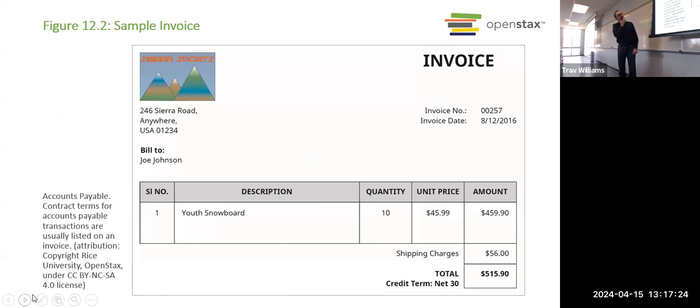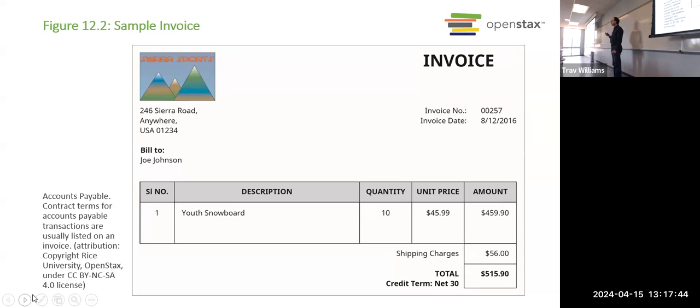Here's an example of an invoice. So typically it's going to have this information on it. It will say that it's an invoice and it'll have a specific number. So the seller generates the invoice and they give each one a unique invoice number.